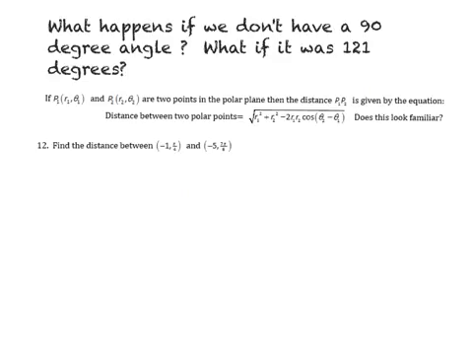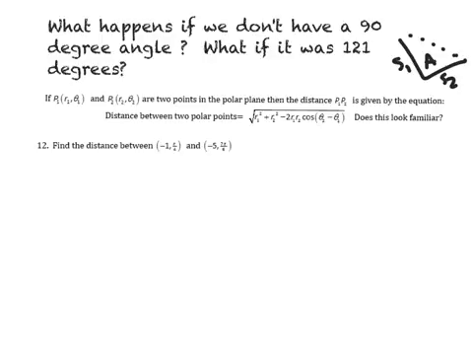Okay, so what happens if we don't have a 90-degree angle? What if it was 121? If it's 121 and you have basically a side, an angle, and a side, then that should look familiar to you, and I'll come back to that in a second.